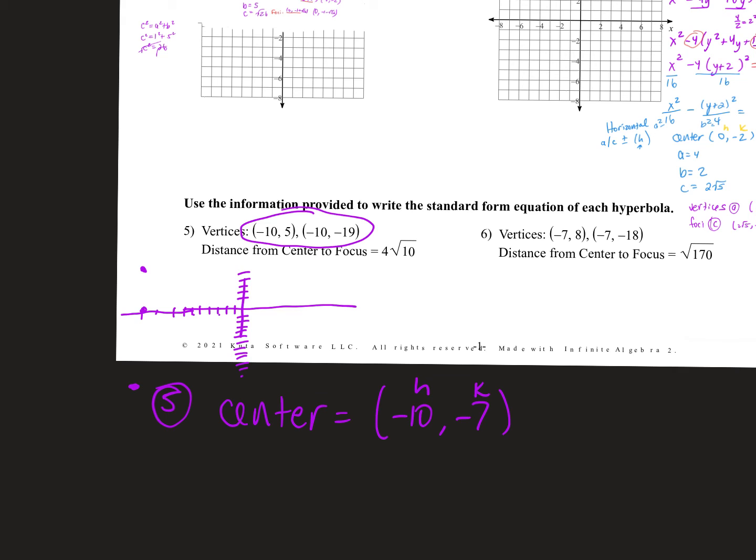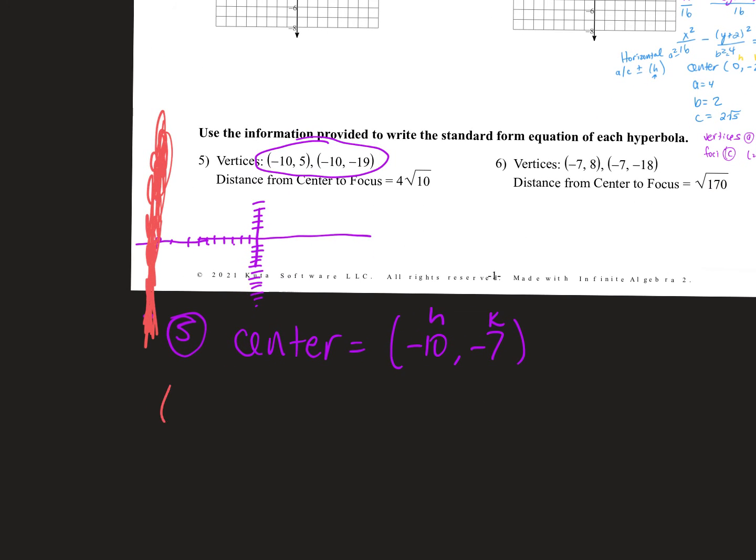Look at the line here. What kind of a hyperbola am I going to create? What kind of a line did I just draw right there? Where all of my information is, it's all along what? A vertical line, right? So the standard form of my equation should start with what letter? Yes. So everybody can look back up here.